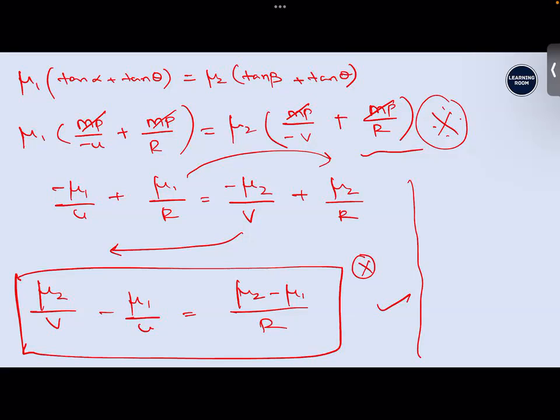Multiple options are going to come into the picture. For every option that you get, if you don't apply sign convention, you would have got a new formula. Now, this formula will be the generic formula for wherever refraction is occurring at a spherical surface. Is the point clear? Okay. So remember this expression. This is very, very important.